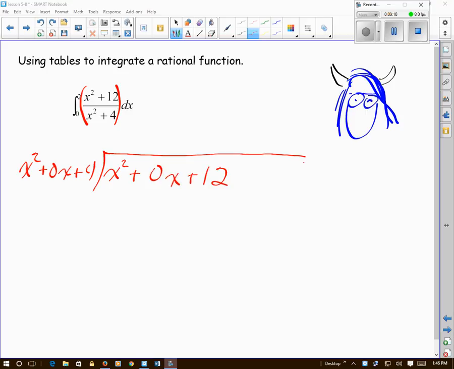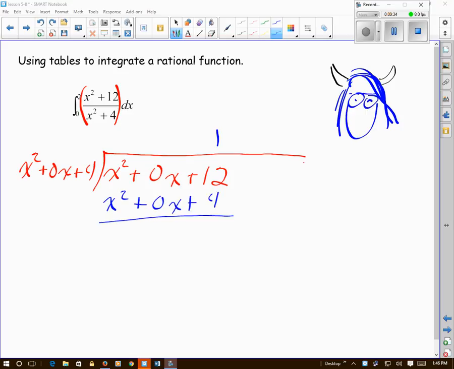A little long division. Long division in integrals is not that uncommon. So if we take that, let's see, x squared into x squared, so that would be just a 1. And we have x squared plus 0x plus 4.